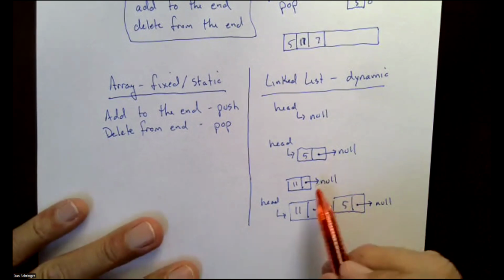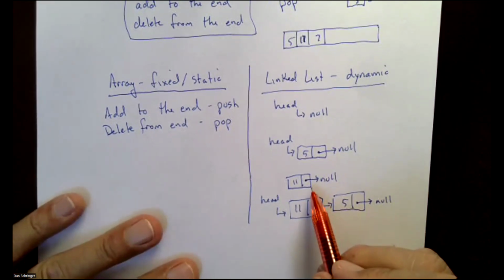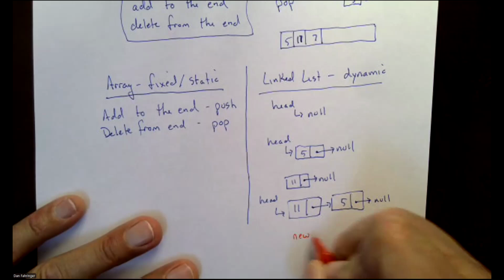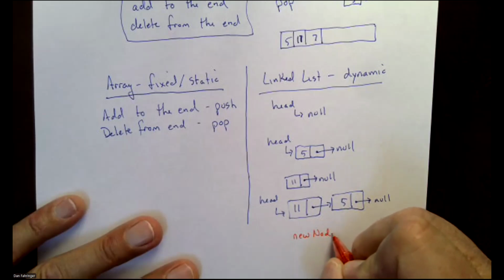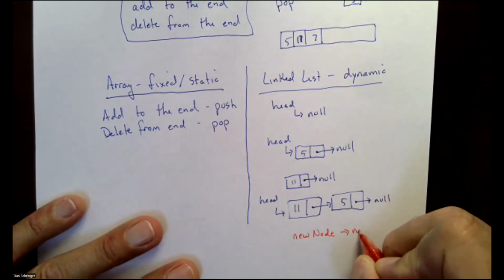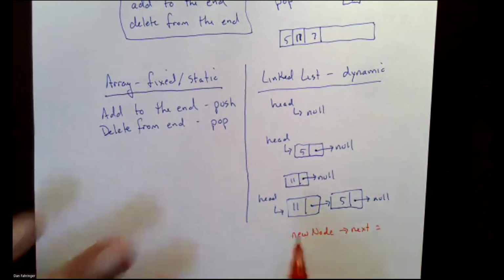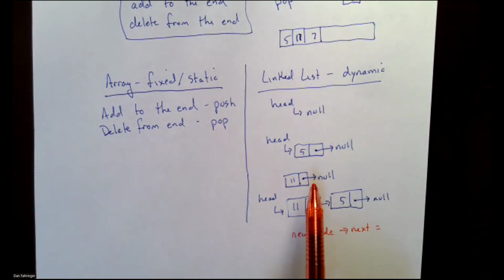I created a new node. And then I said something along the lines of new node's next gets the value of head's pointer. I want it to point to what address?